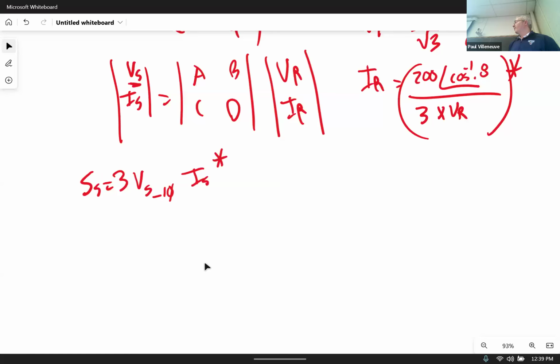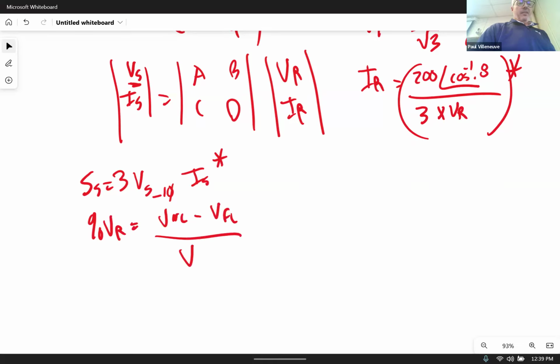A lot of people forgot 3s or square root of 3s. But again, it's important that we include all those. And then my percent voltage regulation, that was V no load minus V full load over V full load times 100%.